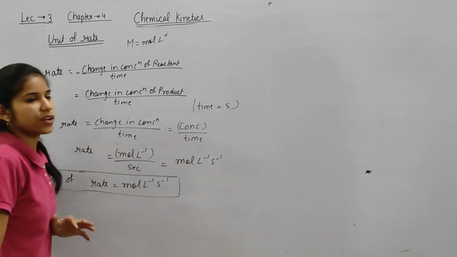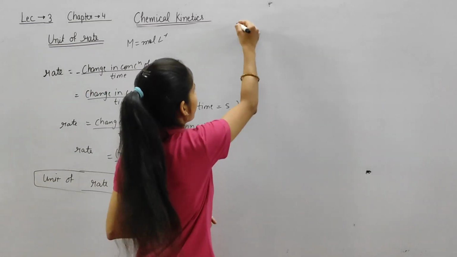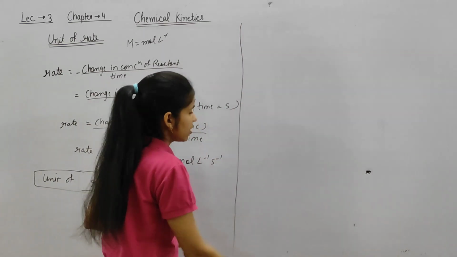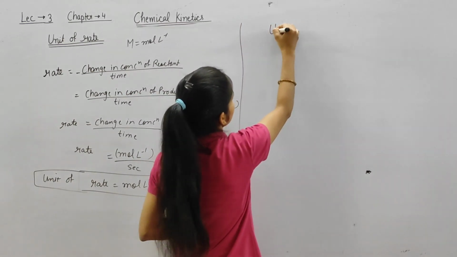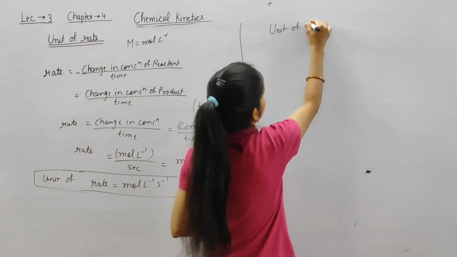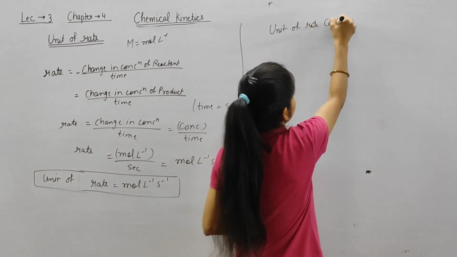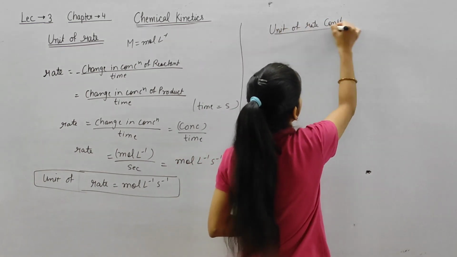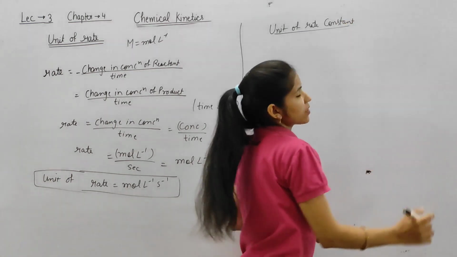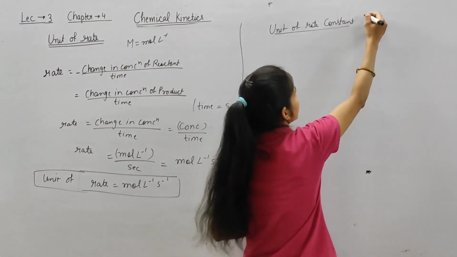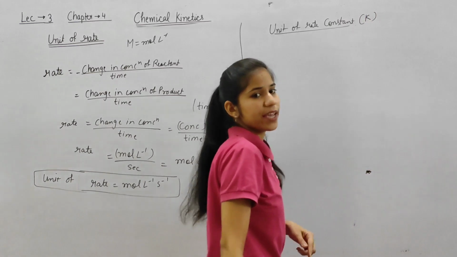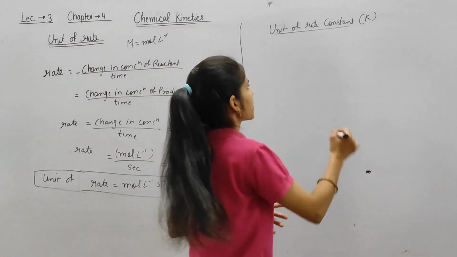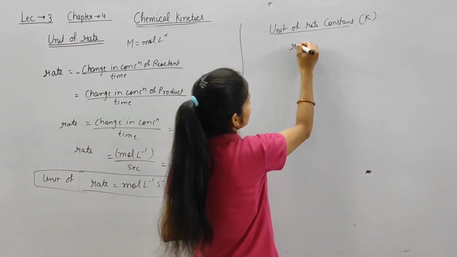Now we are talking about the unit of rate constant. So what is our rate constant? Rate constant is denoted by K in the rate law expression. So what is the rate law expression?